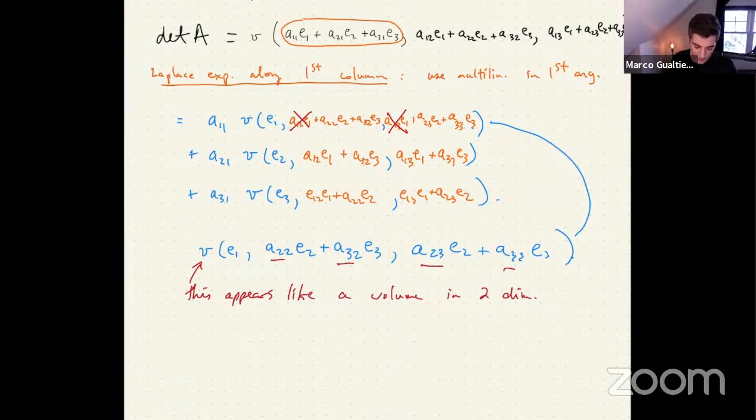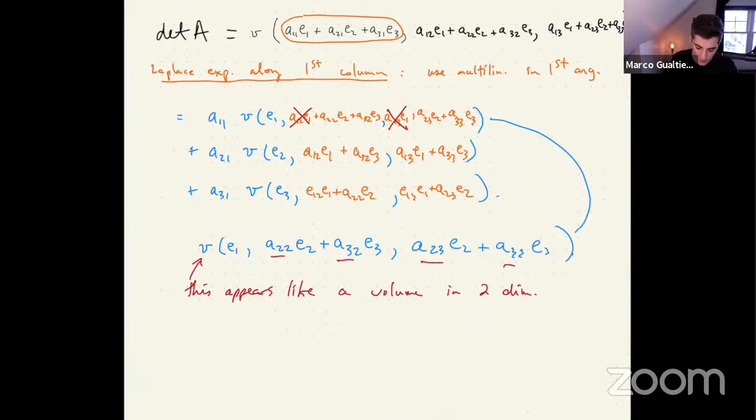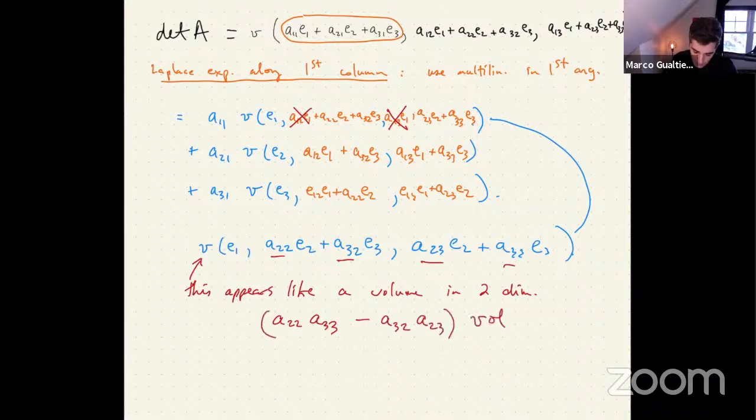Okay, and we know how to compute that. So this will give A22 A33 minus A32 A23 times the volume of E1 E2 E3, which I already chose to be 1.